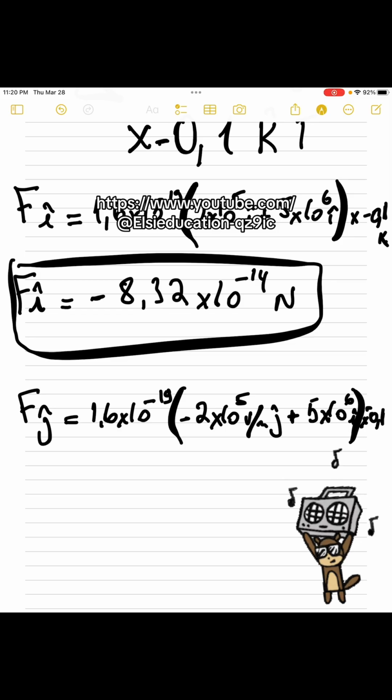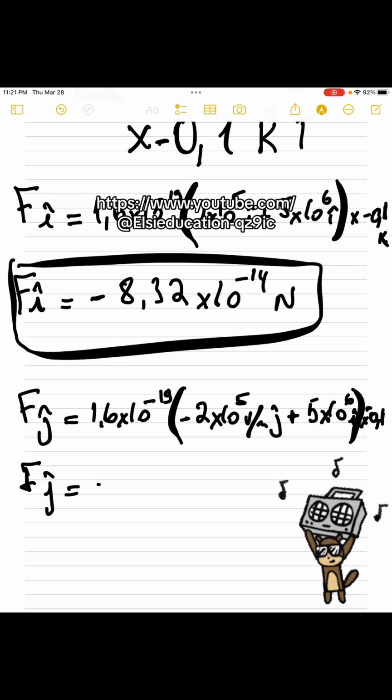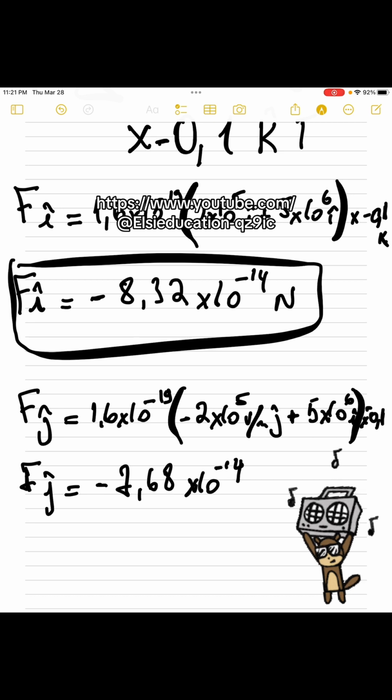Alright, here is plus, okay, on that, minus 2 exponent 5 plus 5 exponent 6 multiplied by 0.1 multiplied by 1.6 times 10 minus 19. So the force on the y direction equals minus 768 to the power of minus 14 Newton.